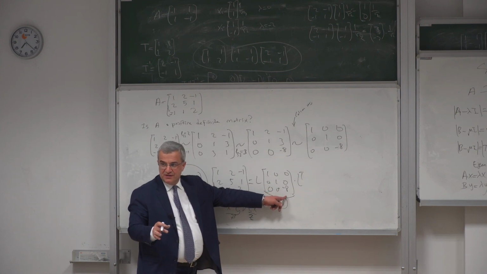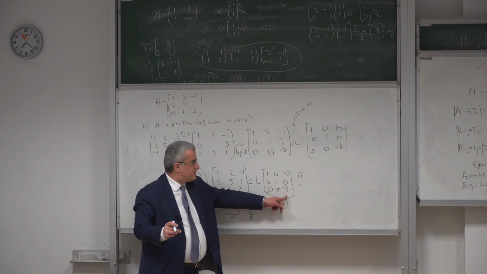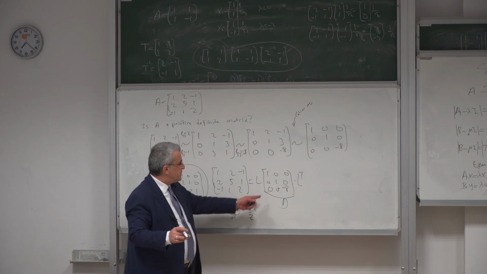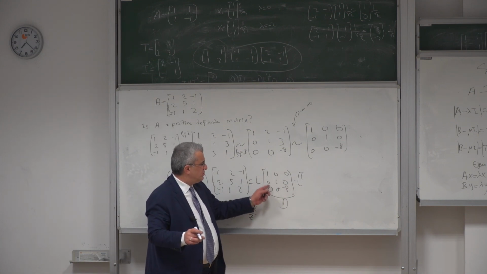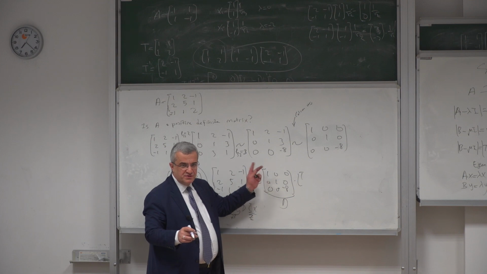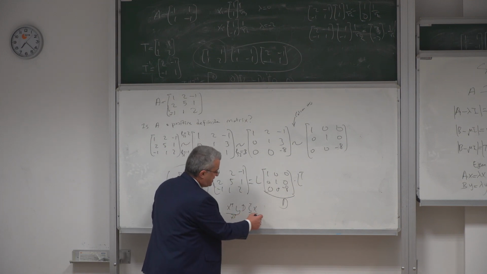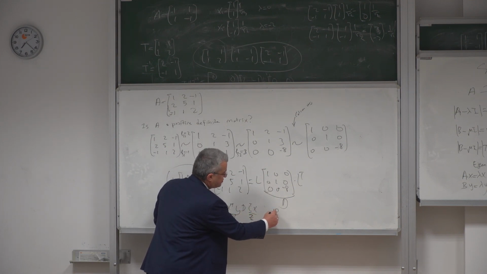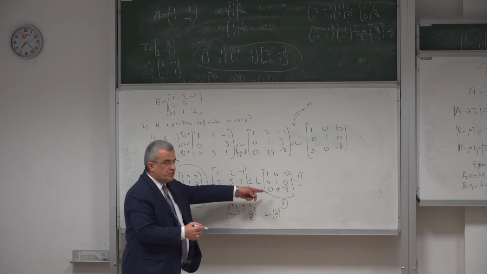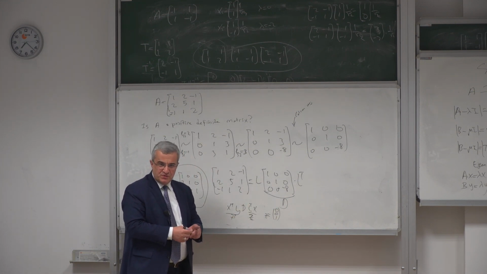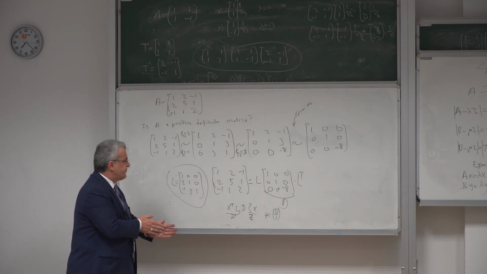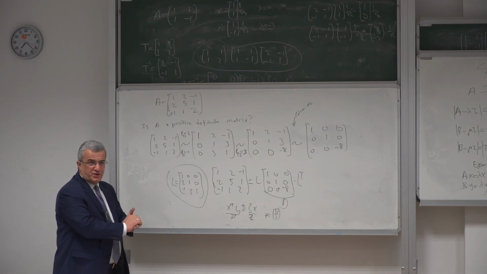So in this case, minus 8. So how would you pick your Z? You would pick it so that all these are killed. So it's 0, 0, 1. Then it would give you minus 8 for this quadratic form. So therefore, it is.